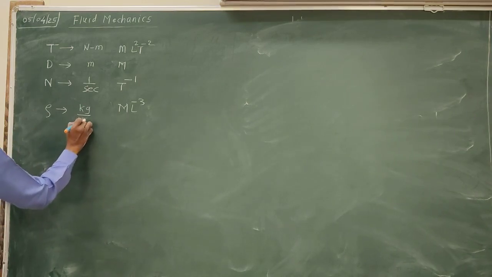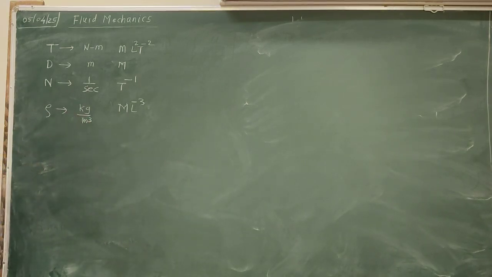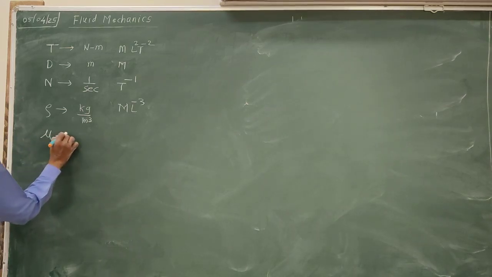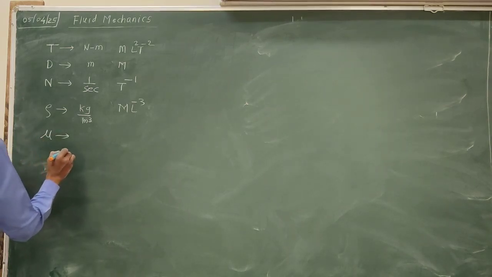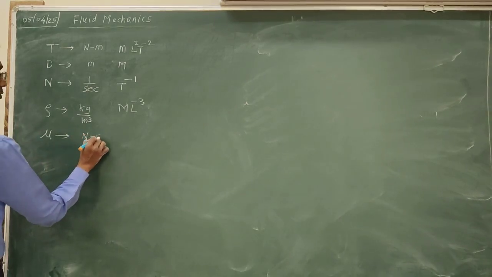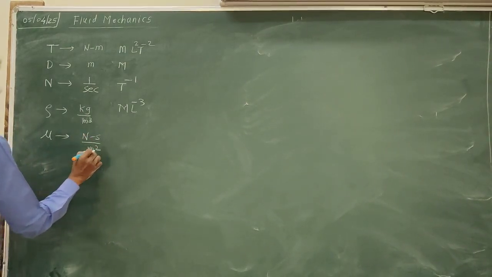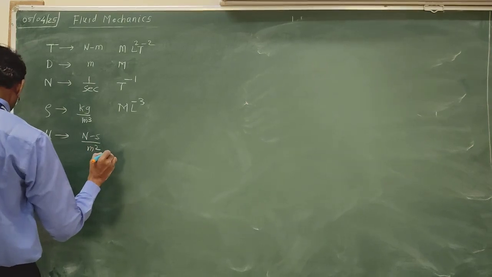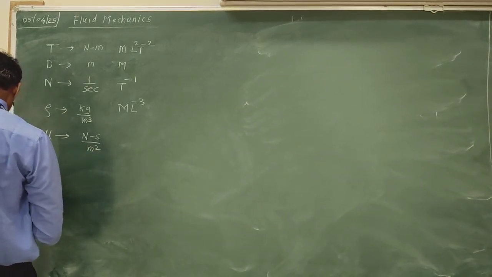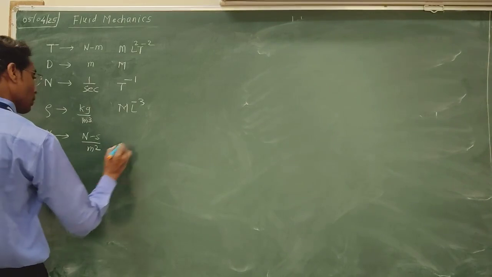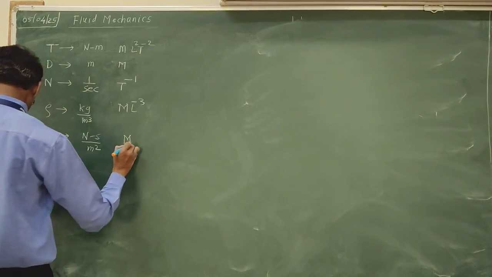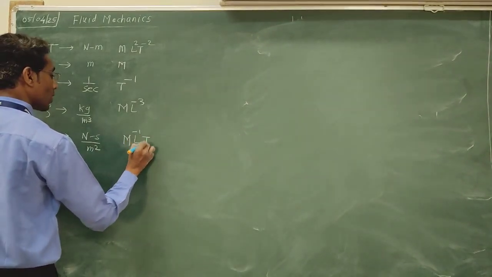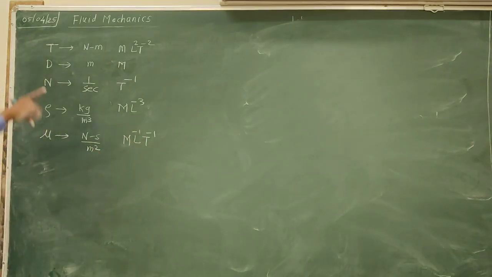So T, D, N and rho. And finally we need dynamic viscosity. Dynamic viscosity is Newton second per meter square, and its form we have already derived, that is M L raised to minus 1 T raised to minus 1. So these 5 forms we will enlist first of all.